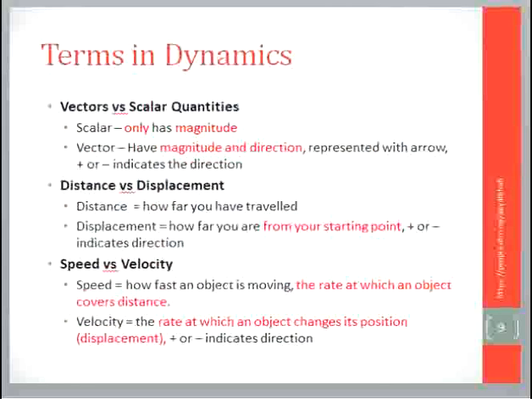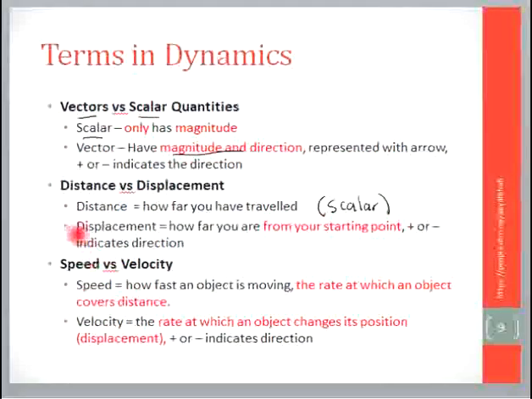Okay, now let's look at the terms used in dynamics. First, you need to know the difference between vector and scalar. A scalar only has magnitude, and a vector has magnitude and direction. For example, distance is how far you have traveled. Distance is a scalar because we only have the magnitude, the value of the distance.